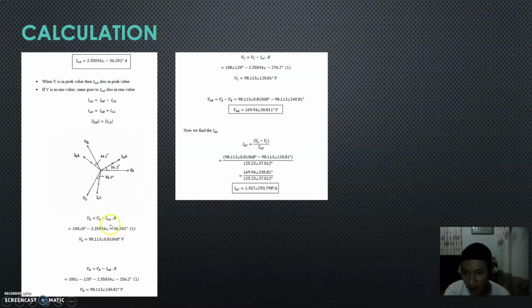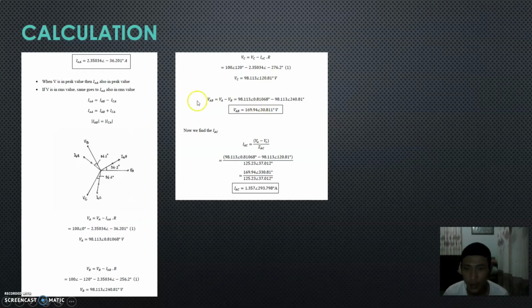When we want to find the VA, it is equal to VA minus IAA multiplied by R. So the value of VA is 2.35034 at negative 36.201 degrees multiplied by 1, and we will get VA as 98.113 at 0.8106 degree. The same goes for VB, which is 98.113 at 240.181 degrees, and VC is 98.113 at 120.81 degrees volt.